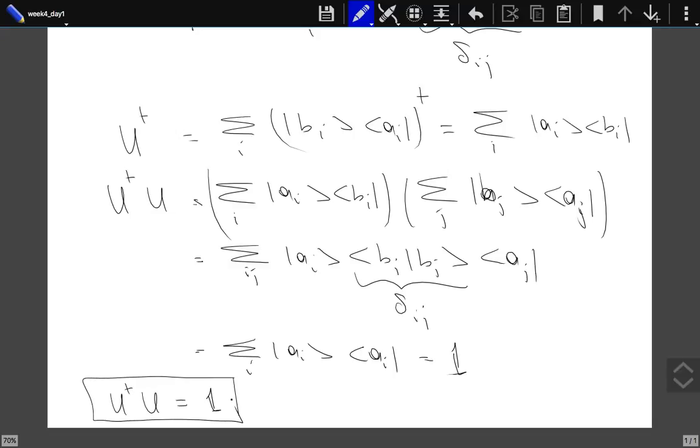So we have this operator U, and when we multiply U with U dagger, and you can also show that U U dagger is also 1, U is called a unitary operator.